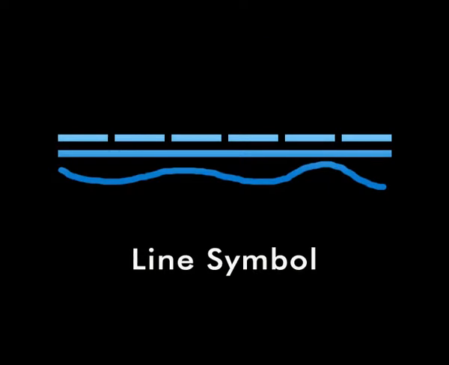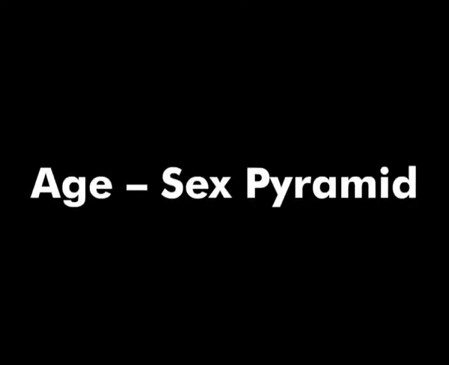Line symbols. One-dimensional diagrams such as line graph, polygraph, bar diagram, histogram, age or sex pyramid, etc. come under line symbol representation.